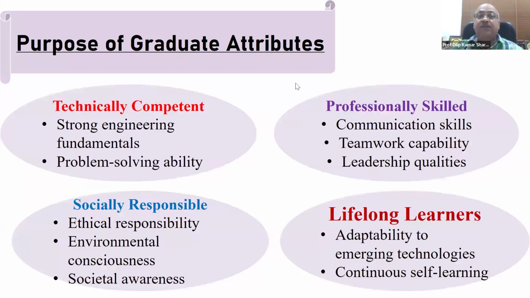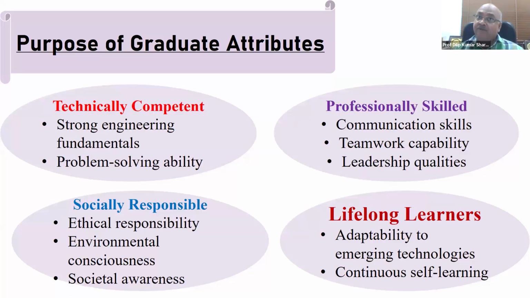So the purpose of graduate attributes is to make a graduate technically competent: strong engineering fundamentals, problem solving ability, and professional skills, which means he should have strong communication skills of all kinds. What I request of all heads of department, deans, directors, and coordinators is that whatever communication skill your students have, you have to make it 5x.